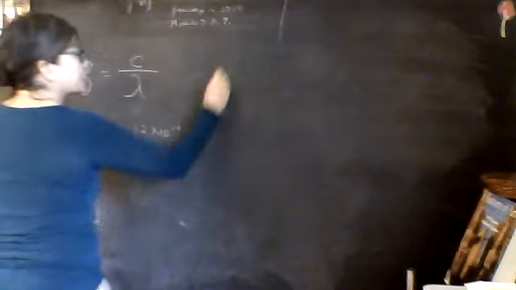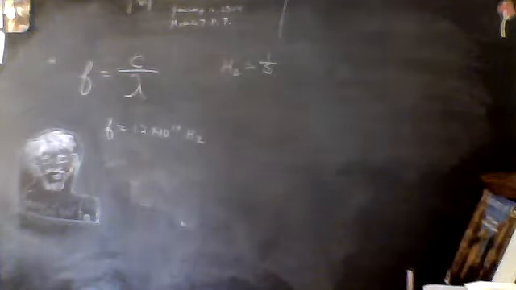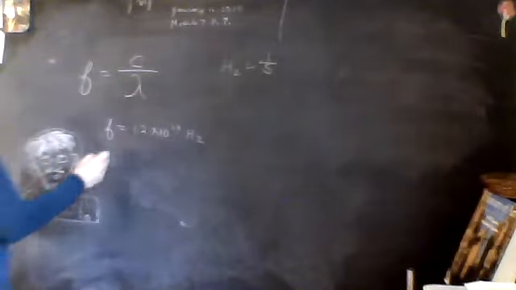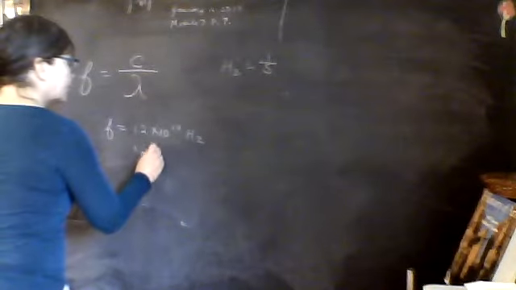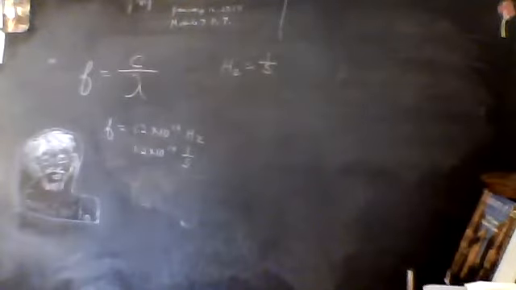A hertz is a unit meaning one wave crest per second. So 1.2 times 10 to the 14th, 1 per second. Wow, that's a lot. It's like a quadrillion.